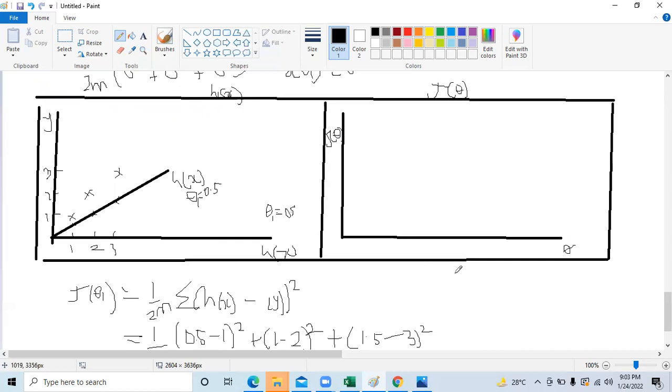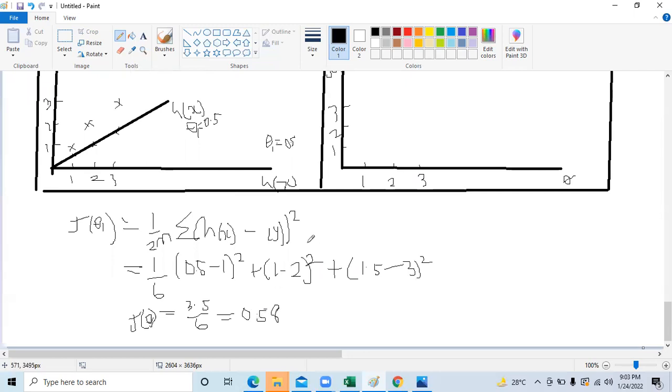Let me label once again. 1, 2, 3. So 1, 2, 3. Our J theta is 0.58, which will be somewhere here.